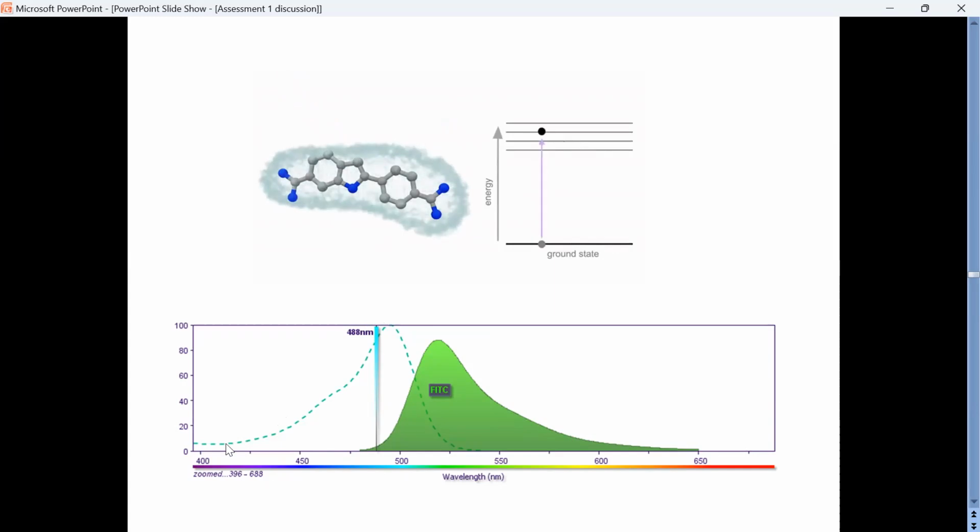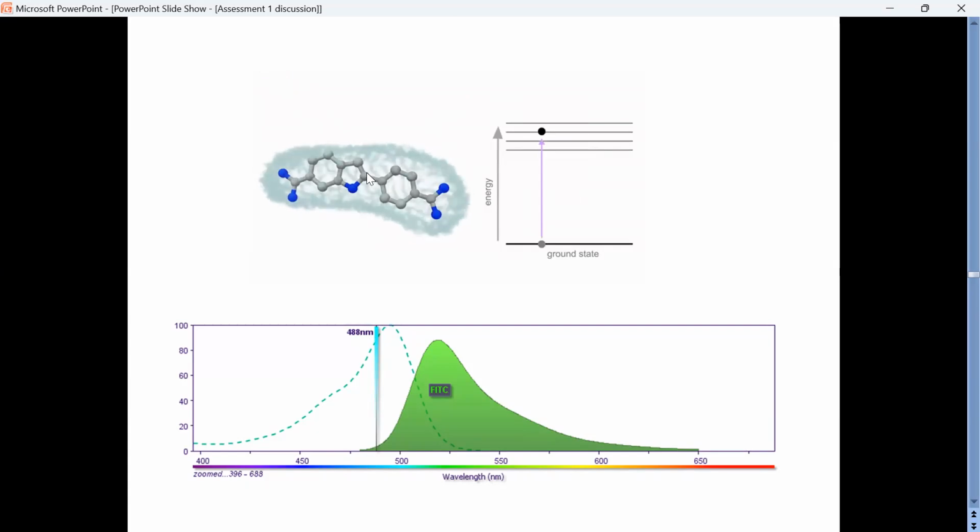A light of wavelength between 400 and 525 can excite this fluorochrome to go to an excited state. Such a range is called the excitation spectrum. But if you excite it with one particular wavelength, say 488 nanometer, which is that of a blue laser, the excitation, or the absorption, will be maximum.